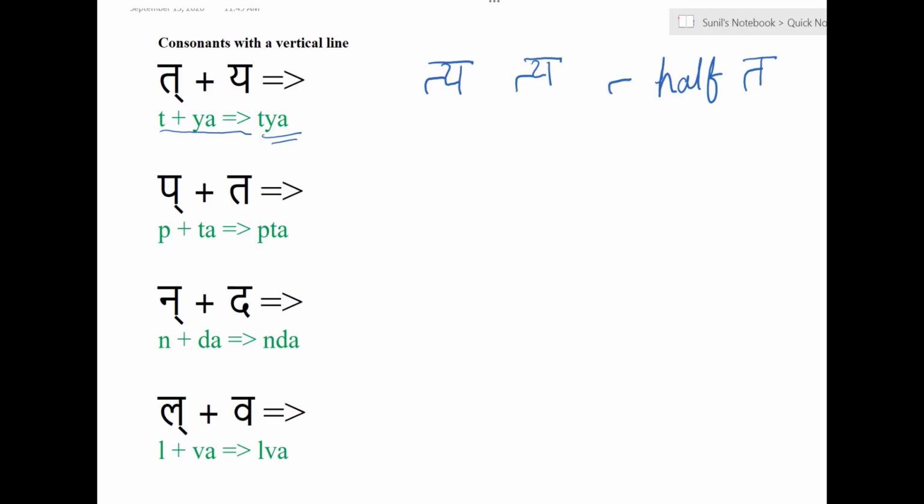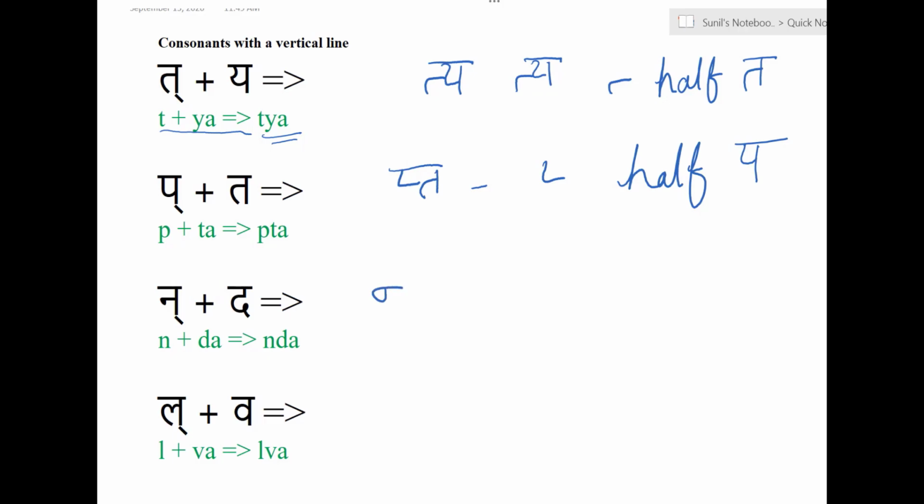Next one, pta. So you write pa because it's going to join with the next consonant ta. So you drop the vertical line and write ta. This is pta. You have half pa. Next, nda.